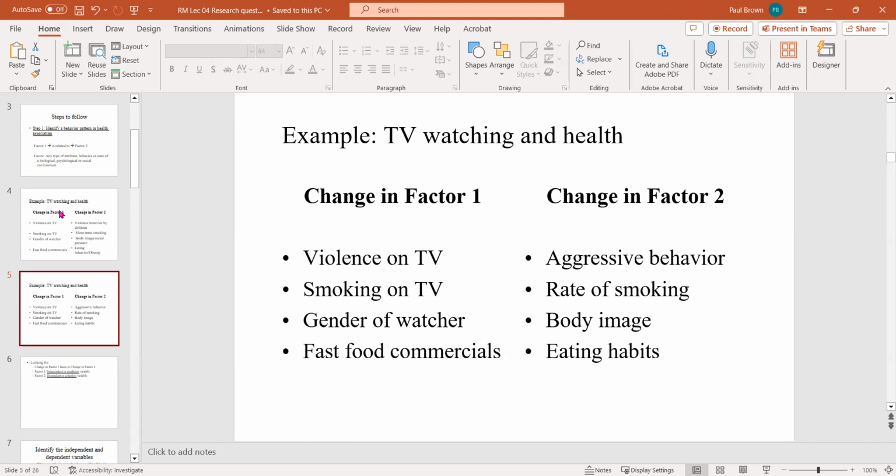In this case, it's probably rate of smoking, amount of smoking, or maybe just attitudes towards smoking. So somehow you have to figure out what you mean by what this variable is.